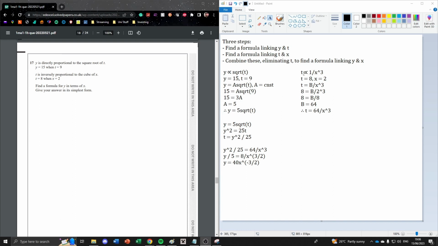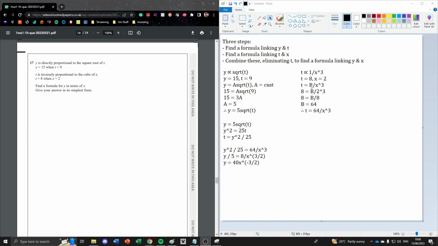For t and x, obviously it's inversely proportional, so that's 1 over. T is inversely proportional to x cubed, so t is proportional to 1 over x cubed. We know that t is 8 when x is 2, and again we can use this idea when we say something is proportional to something else. We obviously imagine there could be some constant.